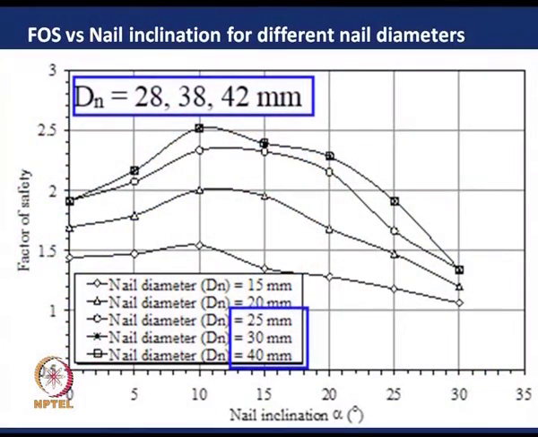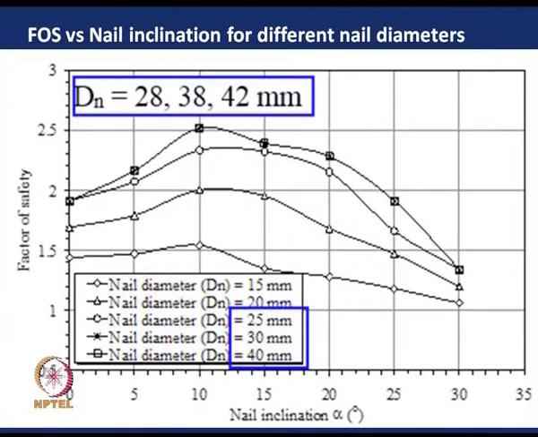So basically we said that reinforcing bars are used, and these reinforcing bars have different inclinations as well as different diameters. Particularly these reinforcing bars of 28, 38, 42 mm, these are the nominally available materials, the Tor steel bars, and they are used.